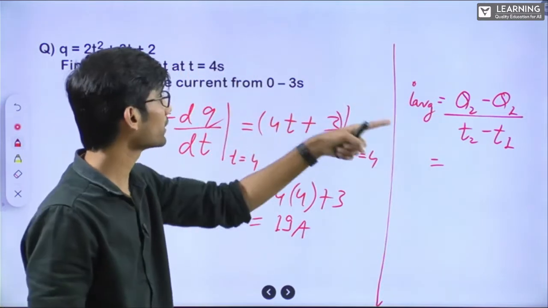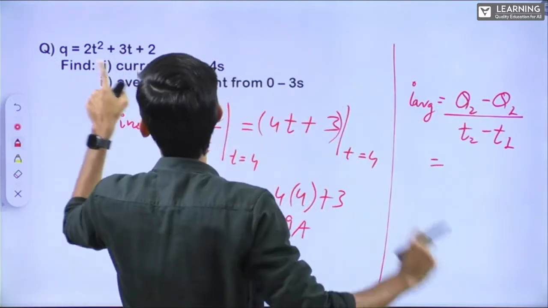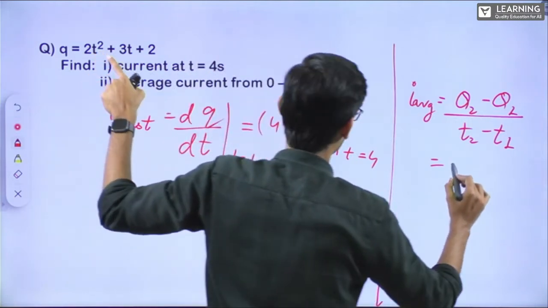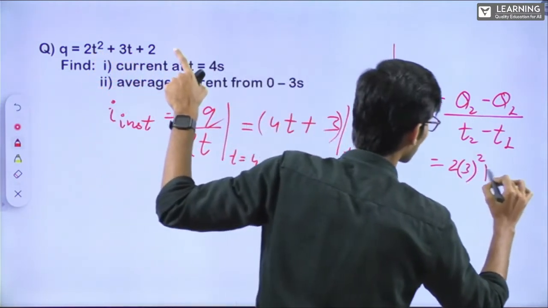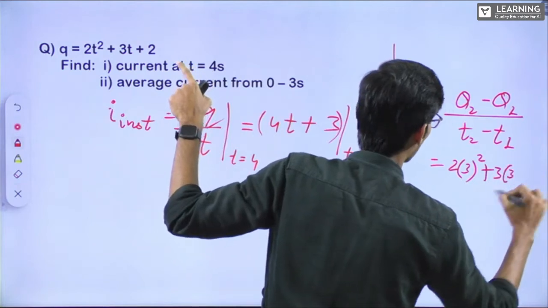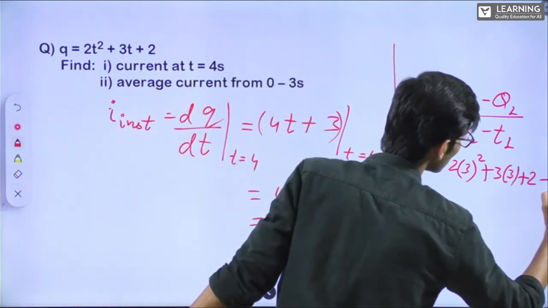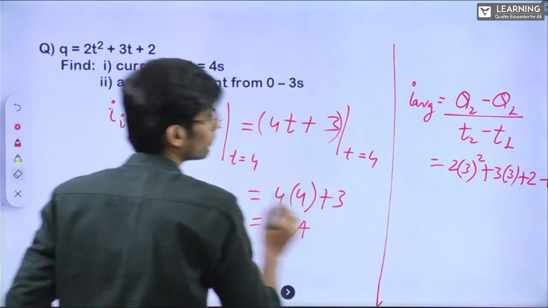T2 means 3, T1 is 0, right? So Q2 will be 2 into 3 square plus 3 into 3 plus 2 minus Q1.